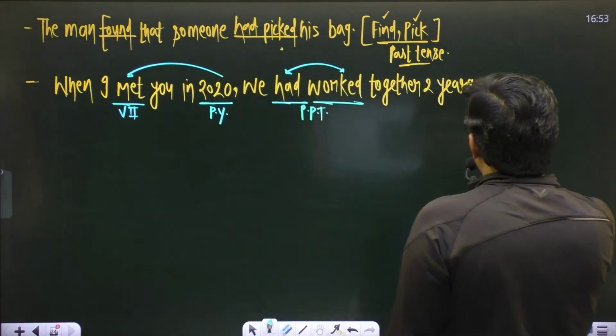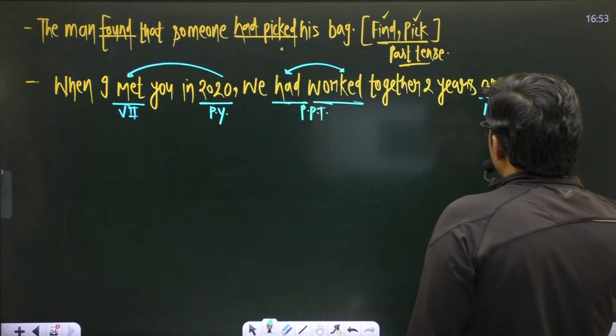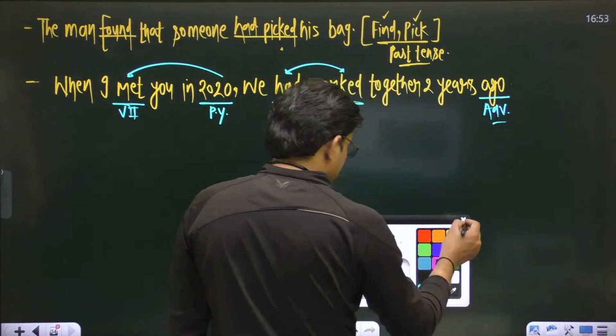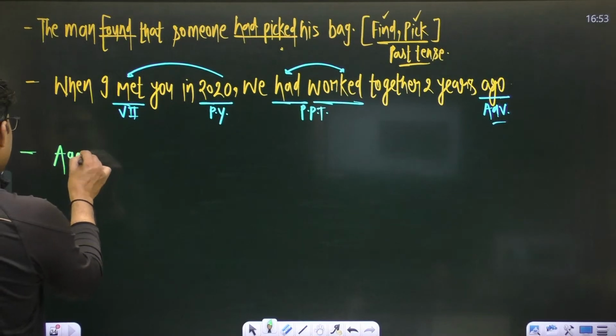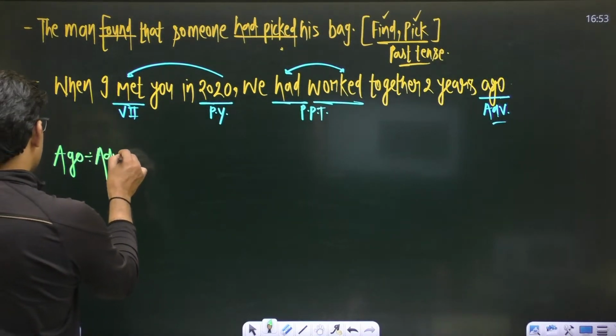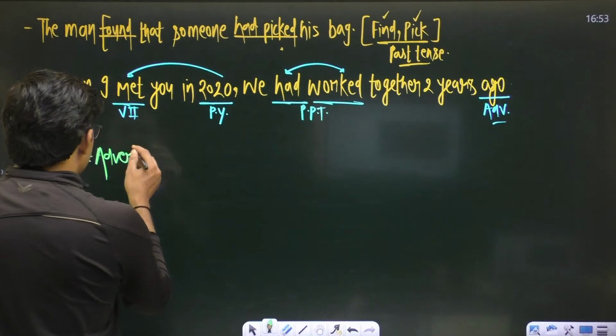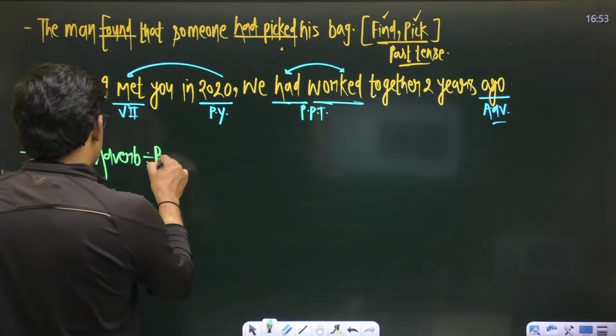And you have the word ago. This is an adverb. So what is the confusion in the sentence? Make sure this word ago is an adverb, and the meaning of ago is backward from the present.